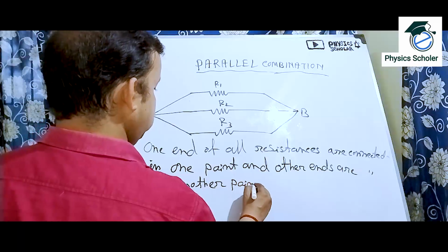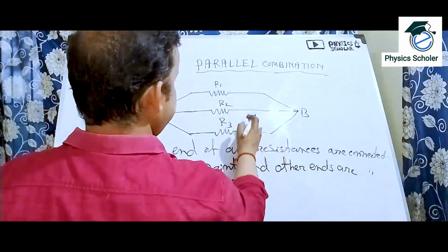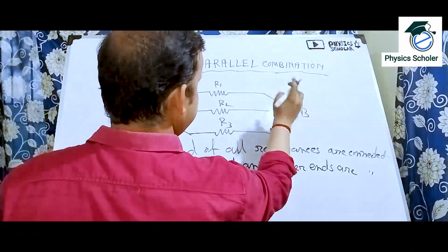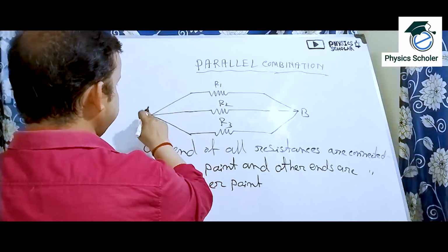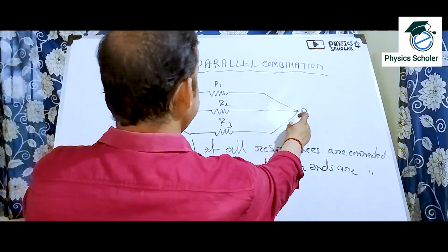So you see the diagram, one end of all three resistances is connected at one point and the other ends are connected to the other point. Let the two common points be A and B.